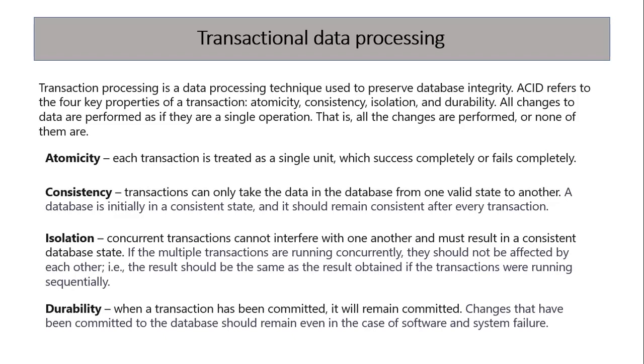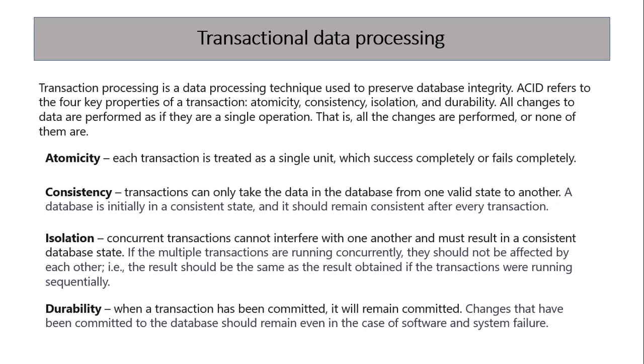If transaction 1 is putting some data and transaction 2 is taking data out of that table, they should not interfere with each other, right? Every transaction needs to be taken care of separately and needs to be consistent in the database. So multiple transactions running concurrently should not affect each other. That is important.